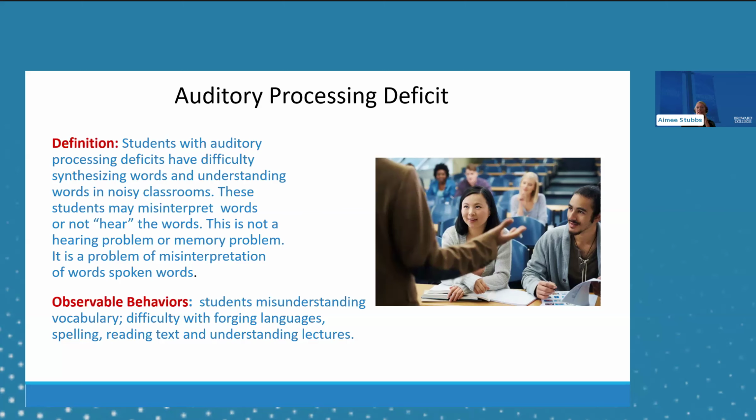Spelling, reading text, and understanding lectures. So a lot of our students use the Otter AI app, which literally records what is being said, and then they can export it to a PDF and go back and tweak what's said so that they have all of the notes there, or a smart pen that goes back. And we'll talk about a little more strategy later on in our slides.